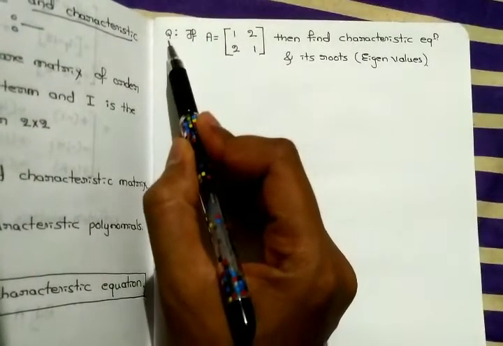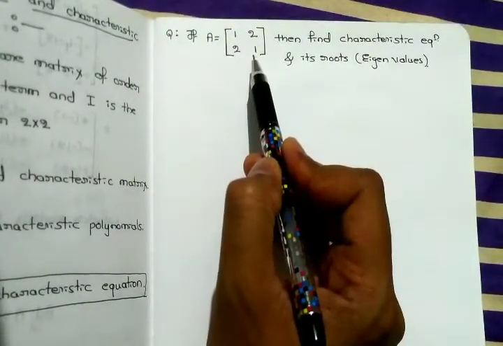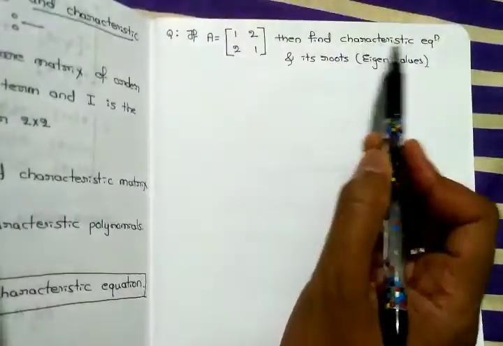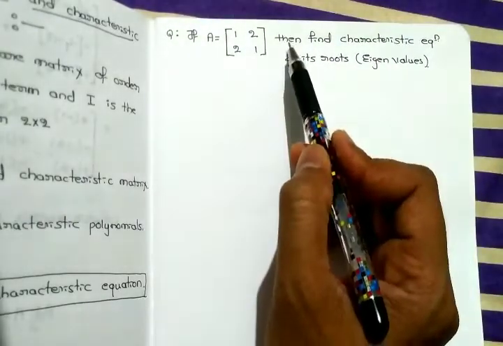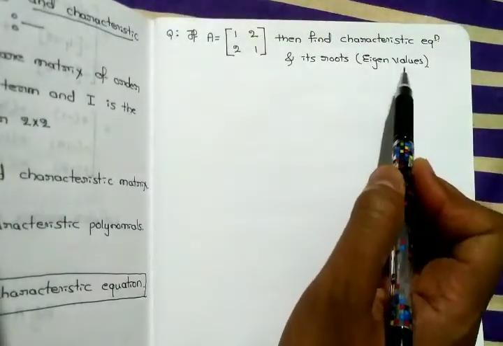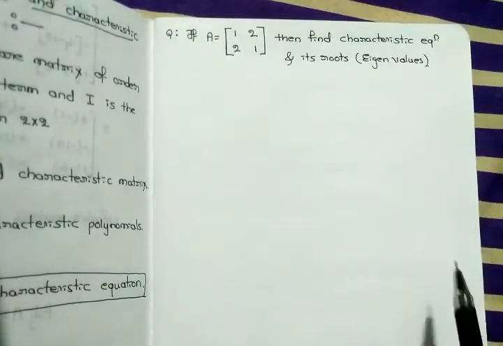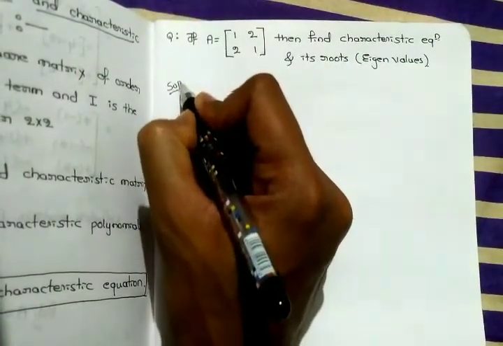Example question: if A is equal to the matrix 1 2 2 1, then find the characteristic equation and its roots. Otherwise they may ask, find the characteristic equation and find the eigenvalues. Both are the same. Solution.